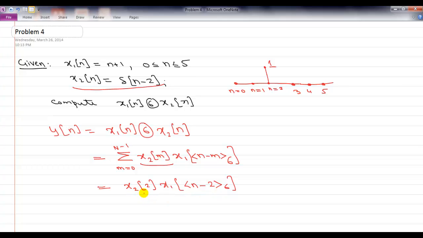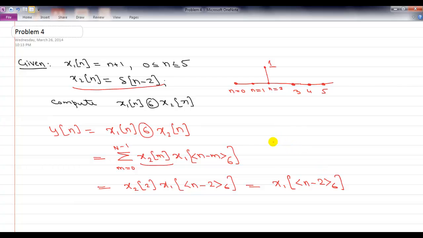Now what is x2[2]? That is just 1. So I get x1[(n minus 2) mod 6]. So what is the output of your circular convolution? It is just circularly shifting your x1[n] by 2.